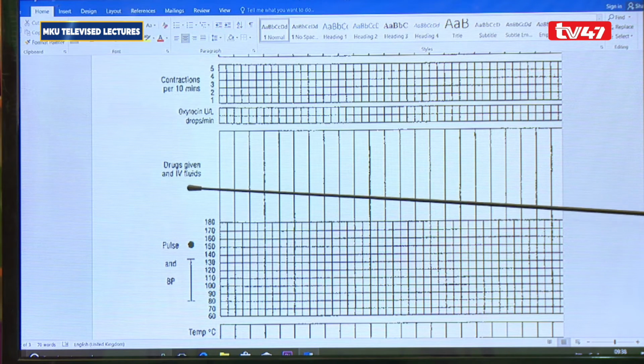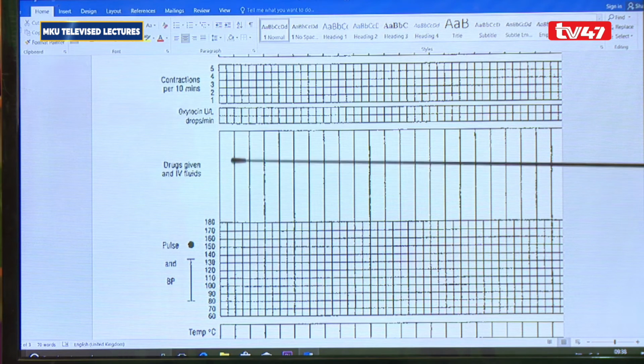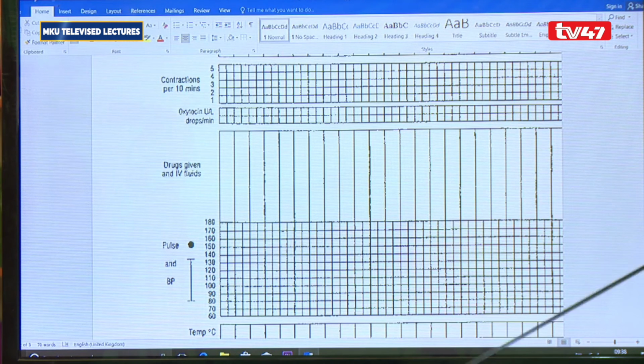Then next is the drugs given during labor. Sometimes a mother will come to us, she is diabetic, she is hypertensive, she has all these medical problems. So any drug that is given during labor has to be indicated along this part of the partograph.